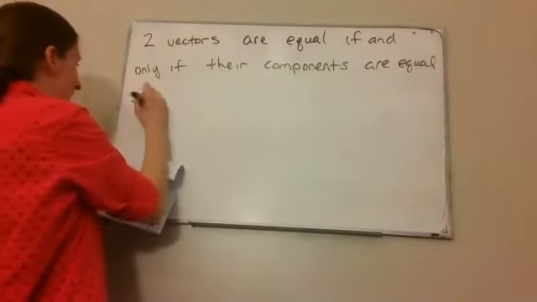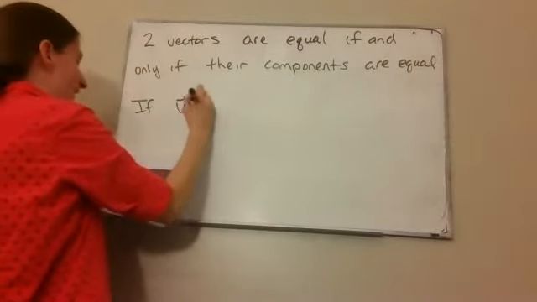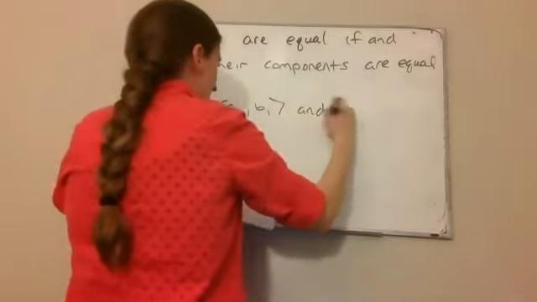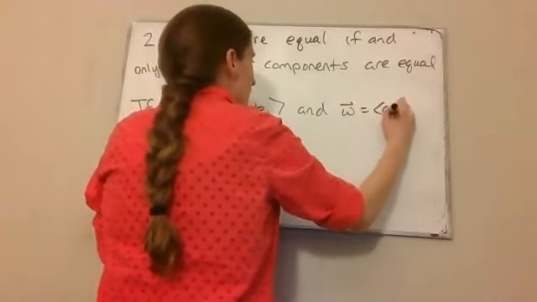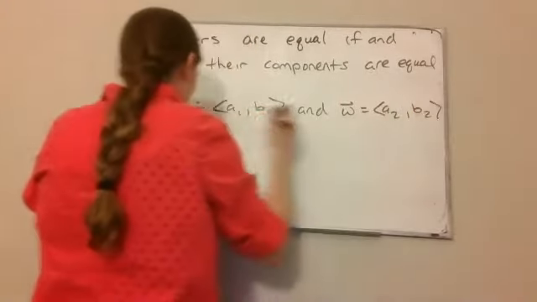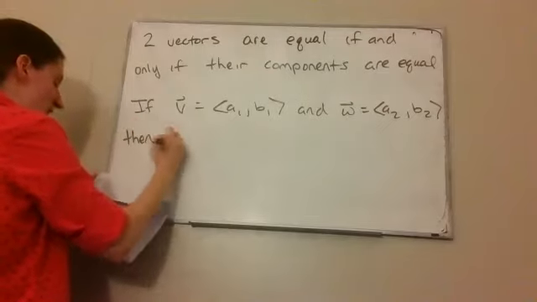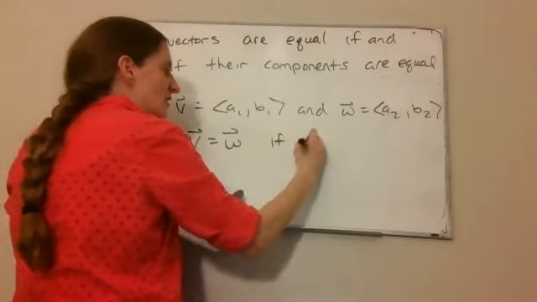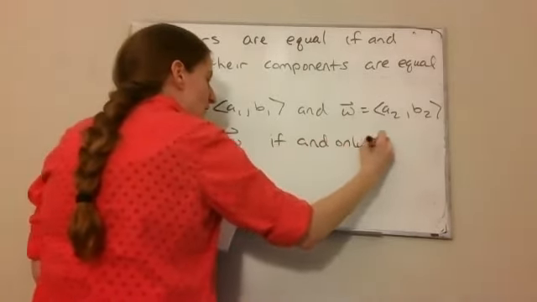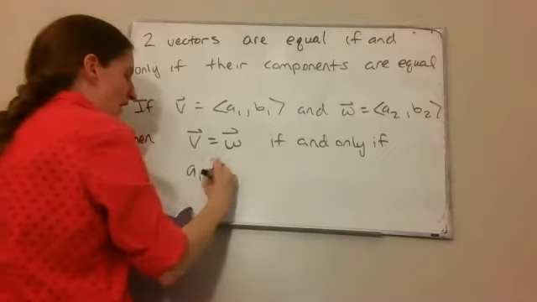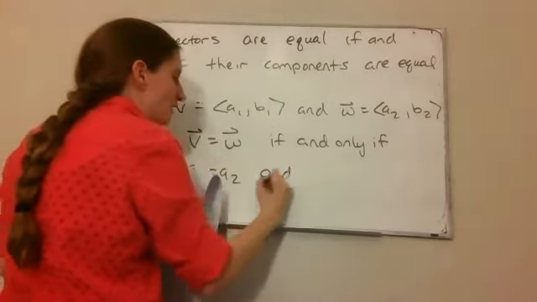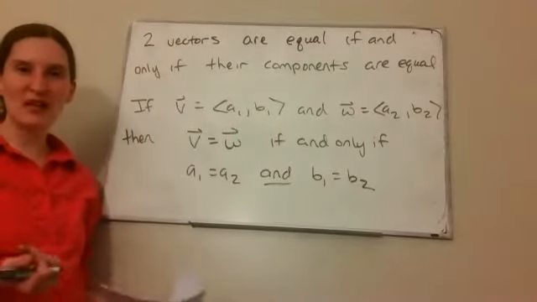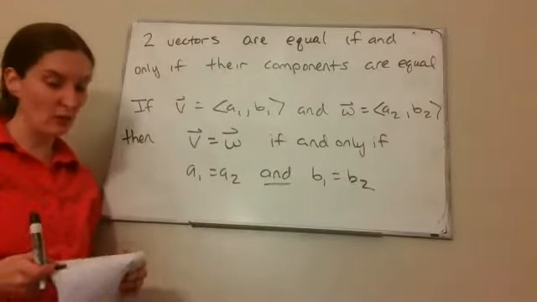And that means if V is A1, B1, and W is A2, B2, then V equals W if and only if A1 equals A2 and B1 equals B2. So their components have to be equal in order for them to be equal vectors.